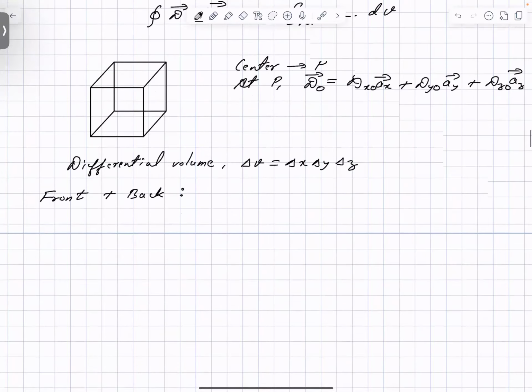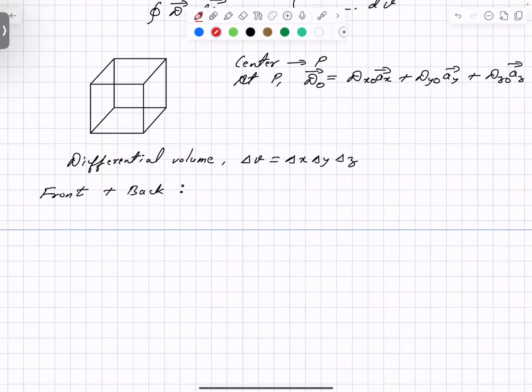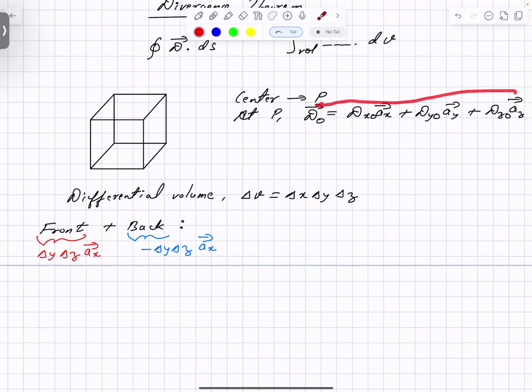If we're considering the front surface, the surface area equals delta y, delta z, and the direction is ax. And for the back surface, we have negative delta y, delta z, ax. At the center of this box, we know the expression for the electric flux density. It is given by this.